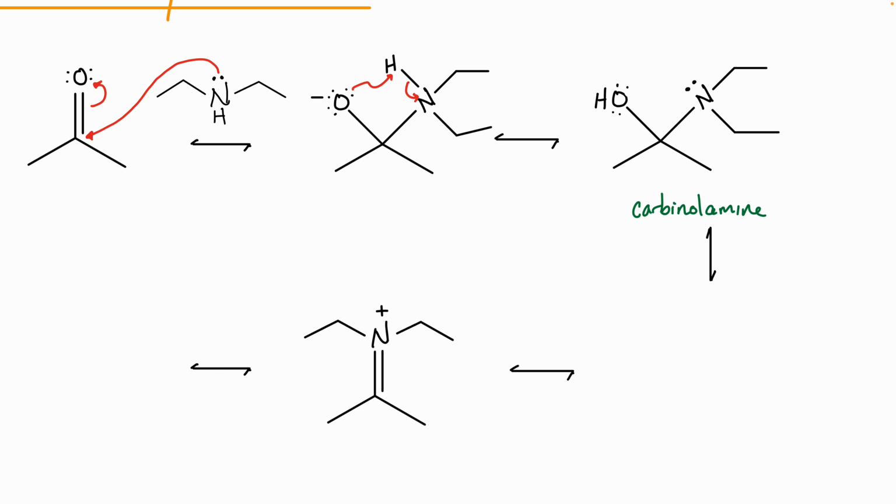All right, so I have my nucleophilic attack. I have this weird intermediate that has a negatively charged oxygen and a positively charged nitrogen, and I make them both neutral by doing this proton transfer. That gets me to my carbonyl amine. But again, now these two are fighting over one another, and eventually the nitrogen is going to kick off that oxygen.